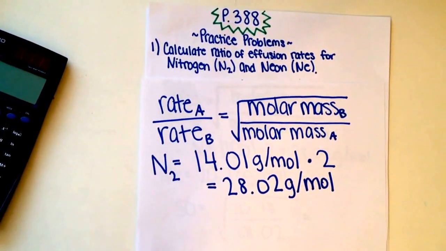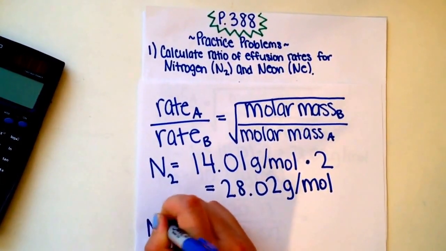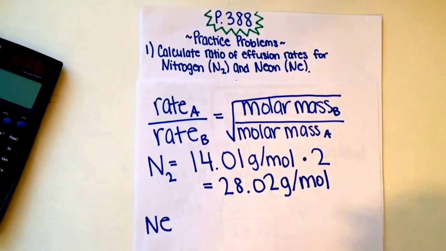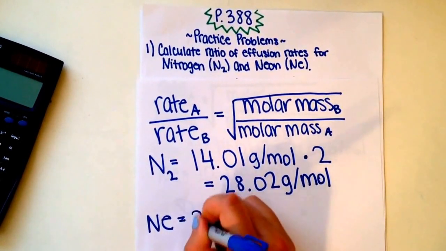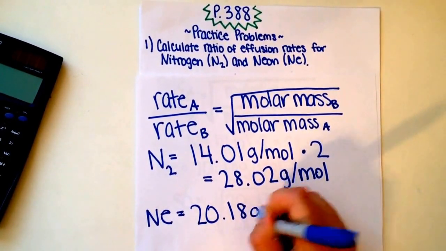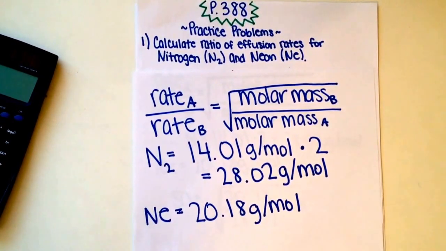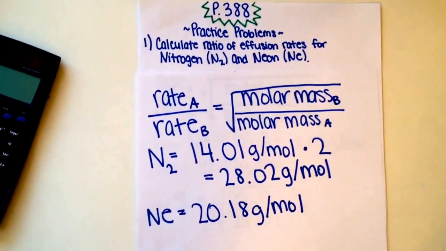The second step is to find the molar mass of neon. And if we were to look that up, it would be 20.18 grams per mole. The last step is to plug it into the formula.